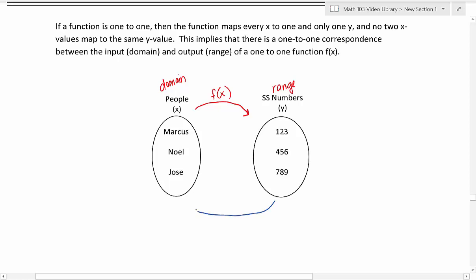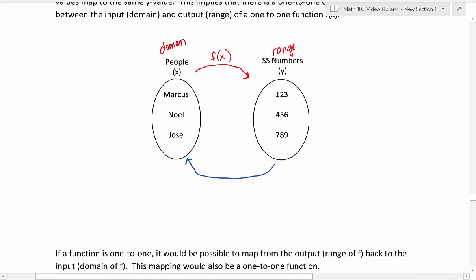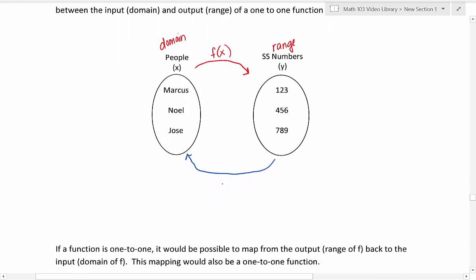This function that maps the output values back to the input values is called the inverse function. And that inverse function is denoted f inverse of x. It almost looks like a little exponent of -1. The context will tell us that this is not an exponent, but the notation of an inverse function.